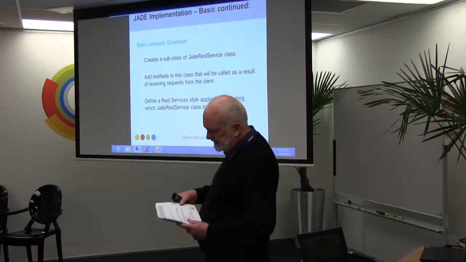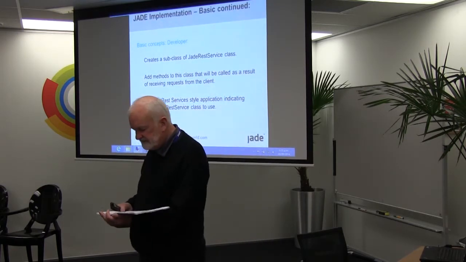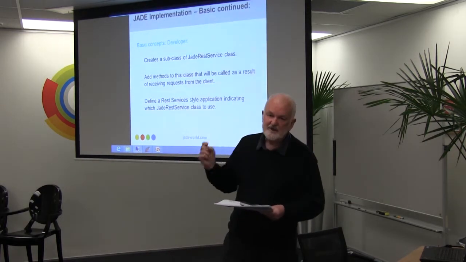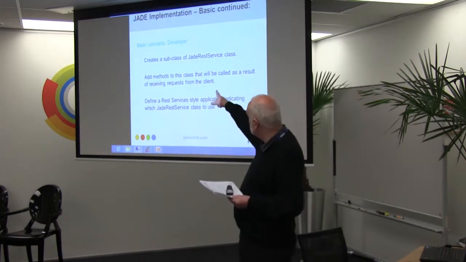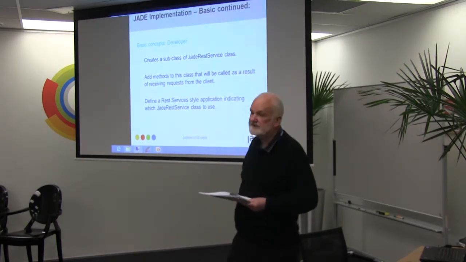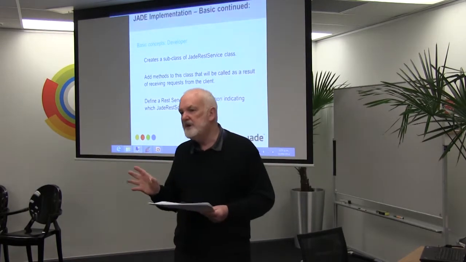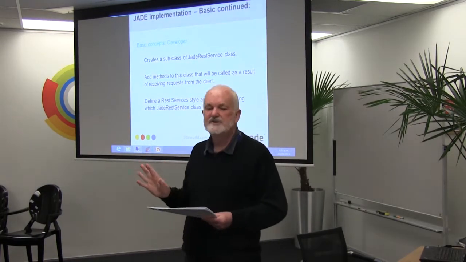Okay, so to create this service, the developer goes to their user schema and creates a subclass of the new root schema class called Jade REST Service. That subclass will hold all the methods that are going to be called by this service.